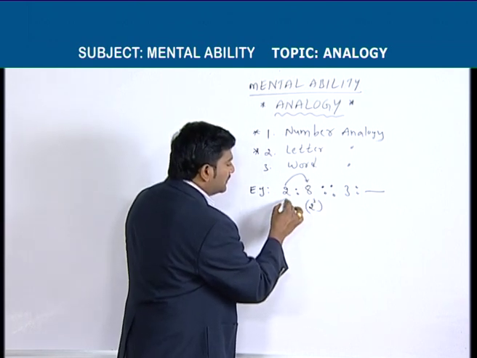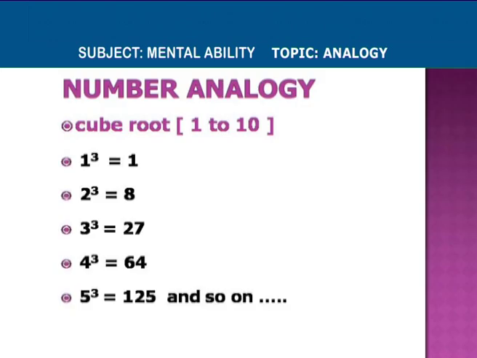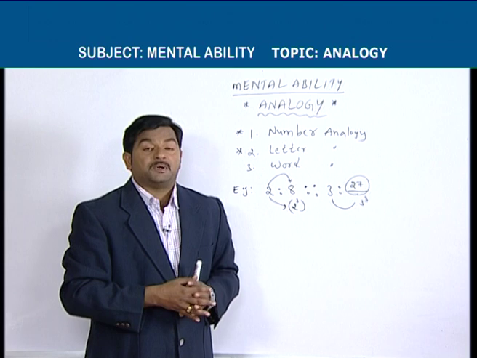So 2 can be written as 2 cube. Similarly, if you will apply same concept for second pair also, 3 can be written as 3 cube. 3 cube means what we can write here? 27. Hence the answer is 27. This type of questions are called analogy questions, that too number analogy question.